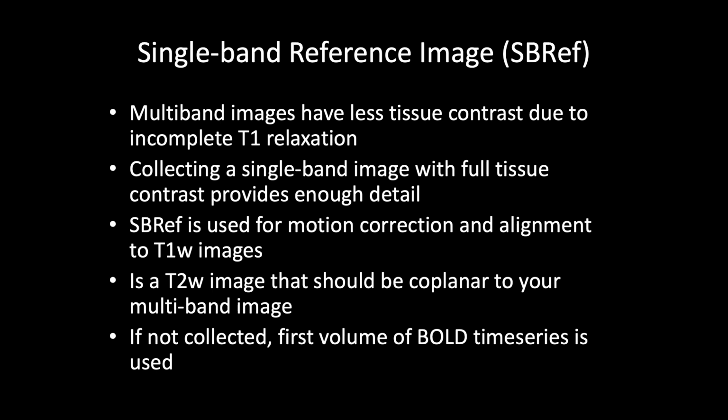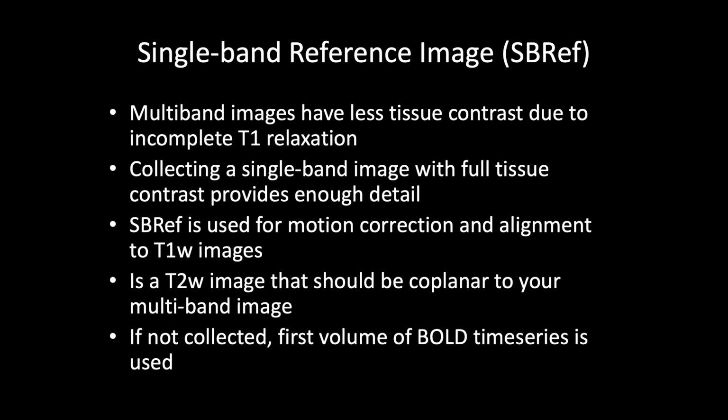Okay, so a single band reference image. What they're talking about here is that with the multiband images, because you're acquiring them so rapidly, there's less time for T1 relaxation. So sometimes there's not quite as good of a tissue contrast, and having an image that's collected on the single band that allows for this relaxation to occur gives us a sharper contrast that we can then use for the alignment process.